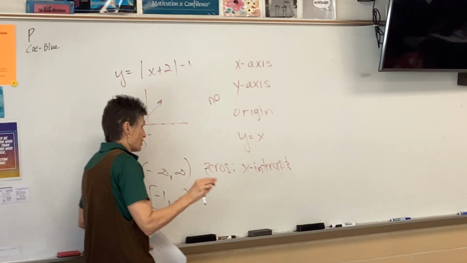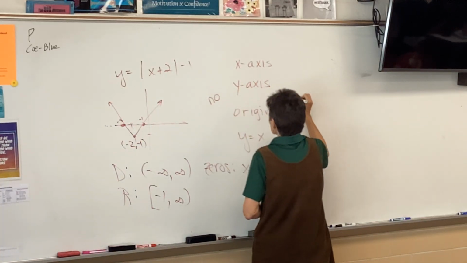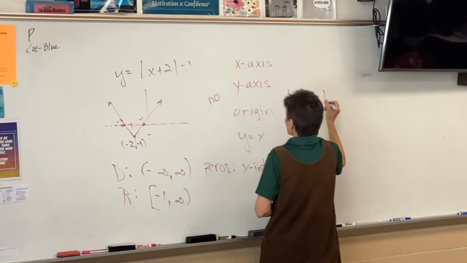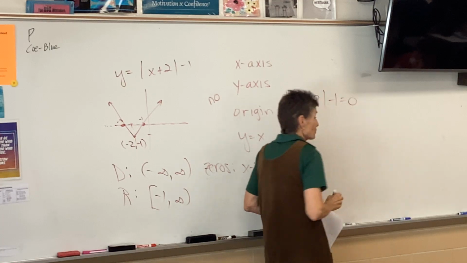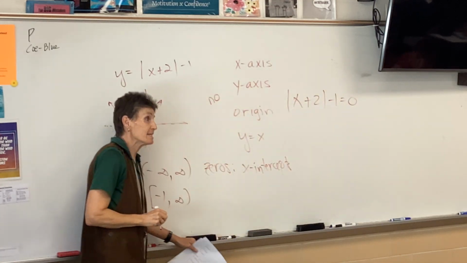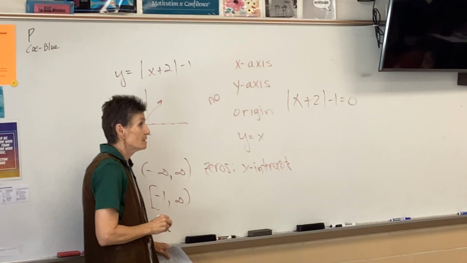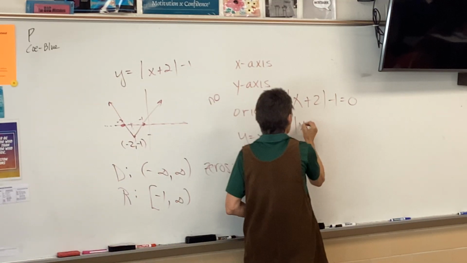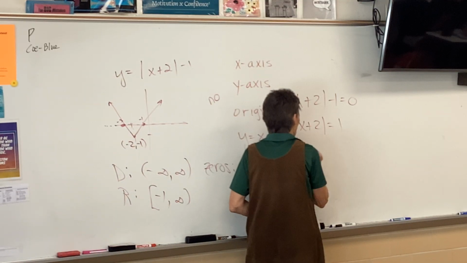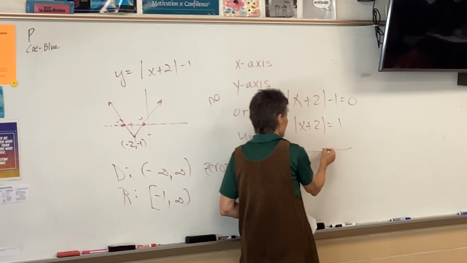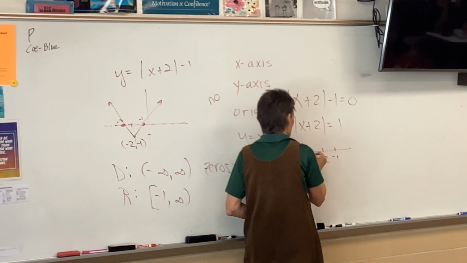You could also solve this equation. If you're not sure what your zeros are, set it equal to 0 and solve it. So absolute value of x plus 2 equals 1. There's negative 2 on the number line. I'm going to count 1 this way and 1 this way.